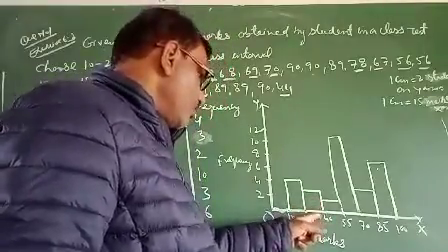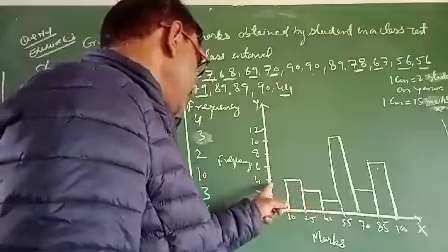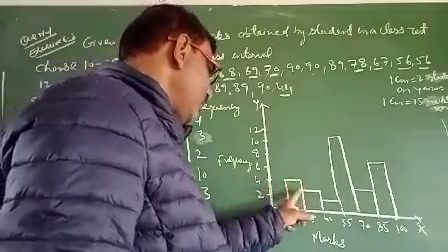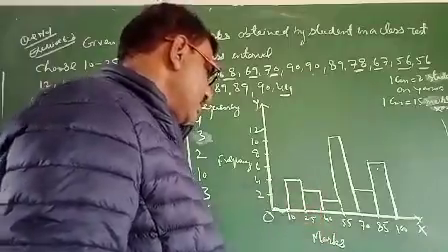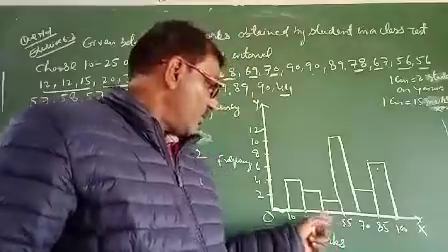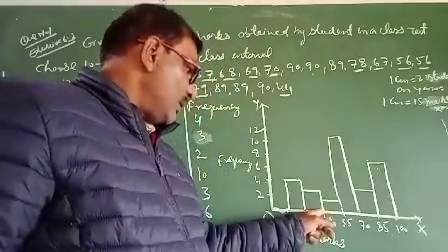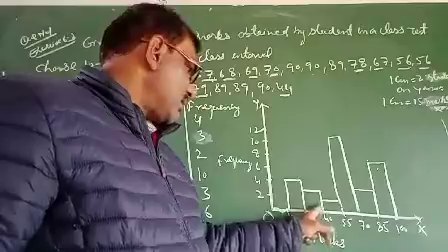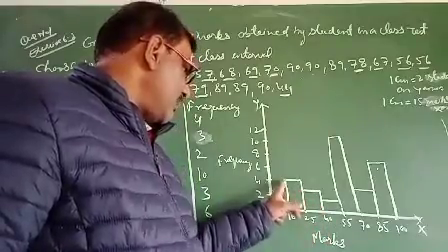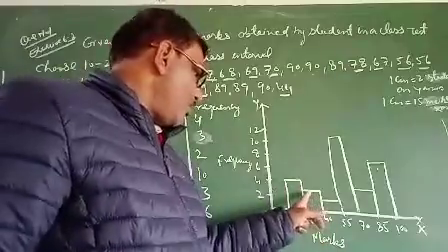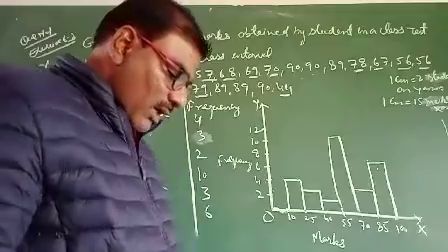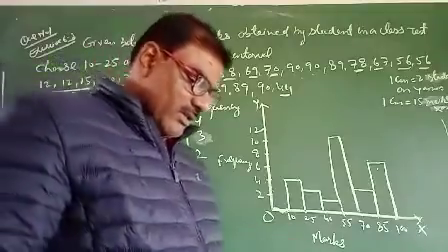So you see 4 plus 3 students did not understand the lesson, because 25 to 40 marks were obtained by 3 students and 10 to 25 marks by 4 students. So 4 plus 3 equals 7. 7 students did not understand the lesson.